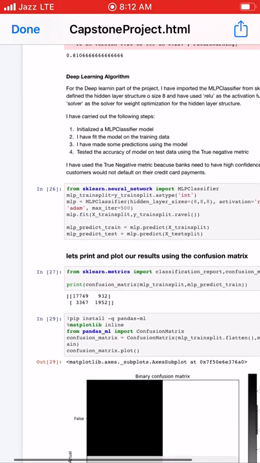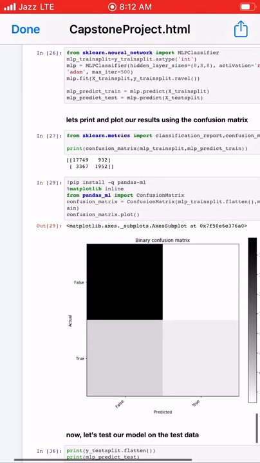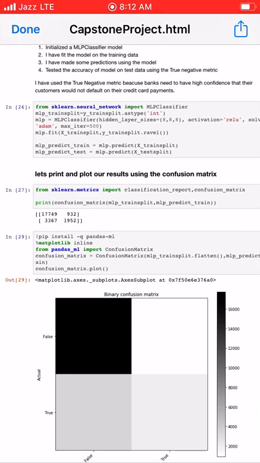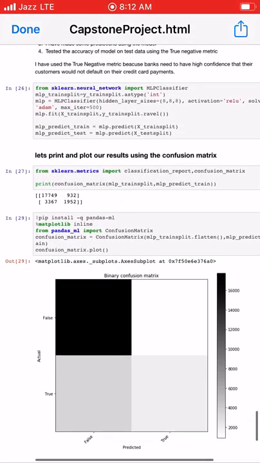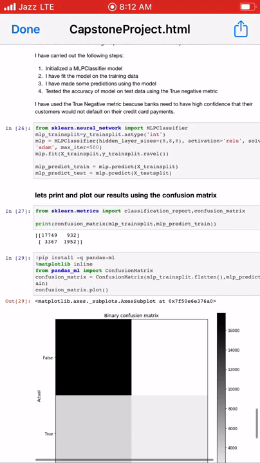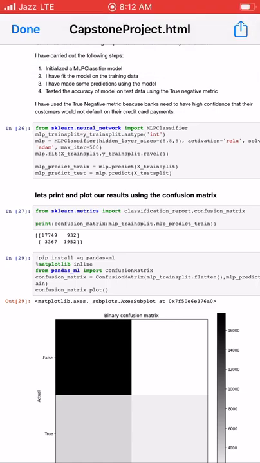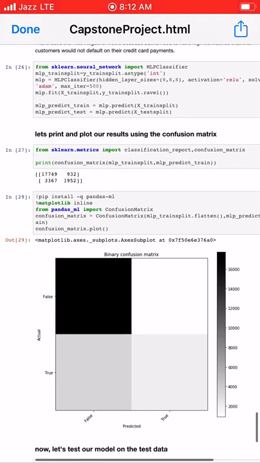Now we can see in this picture that I've printed the confusion matrix, and it turns out that there are more than 17,000 values in the true negative. The reason that I'm focused on the true negative metric is because banks need to have high confidence that their customers will not default on their credit card payments.